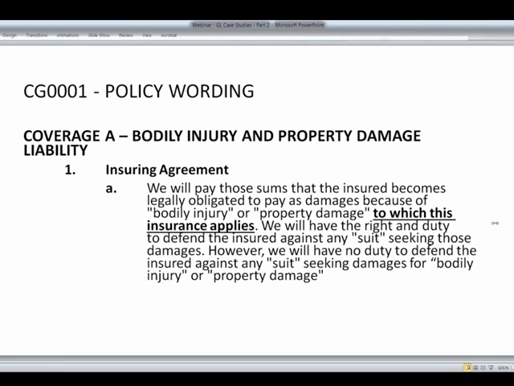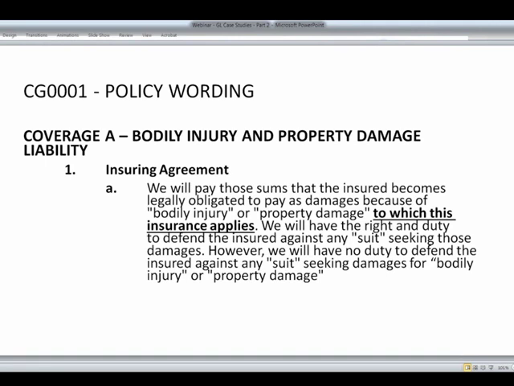So remember, it is covered in a GL policy unless there's an exclusion that takes coverage away, and or there is an endorsement that's added that modifies or reduces the coverage.